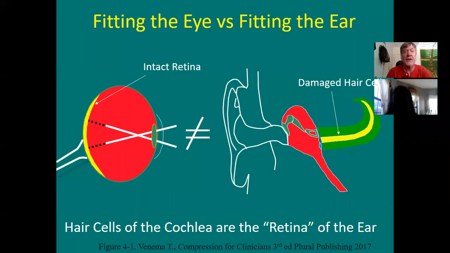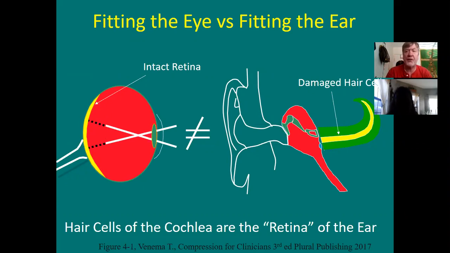It's just that they have their way of prescribing glasses. But the ear is so very different, and the reason is because of this picture. Look at the eye on the left. Light isn't properly focused on the retina. In yellow, that retina is like film, and it changes light into electricity, and electricity is the language your brain understands.